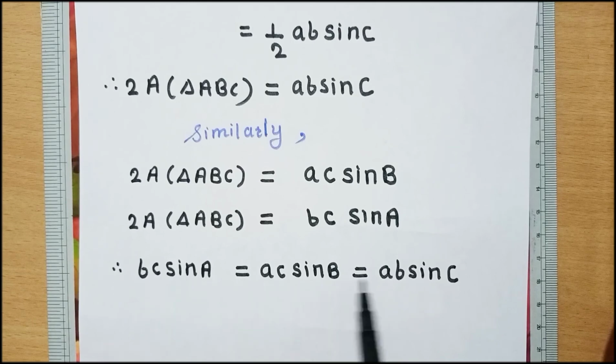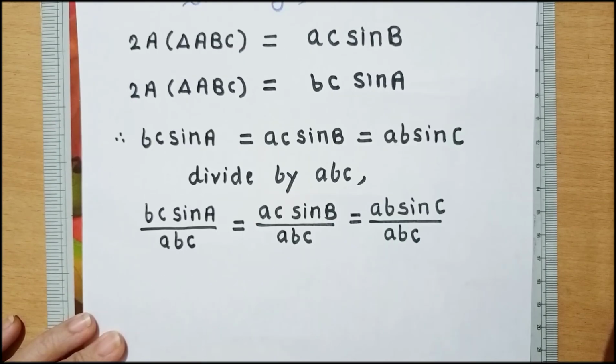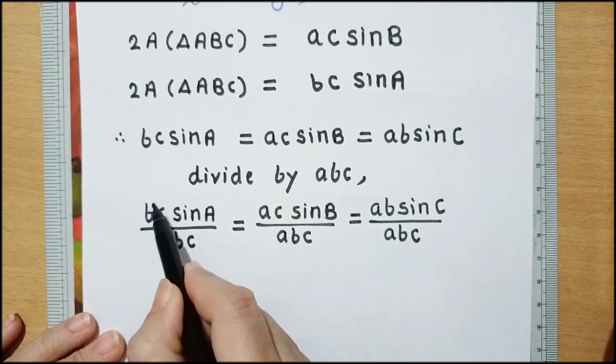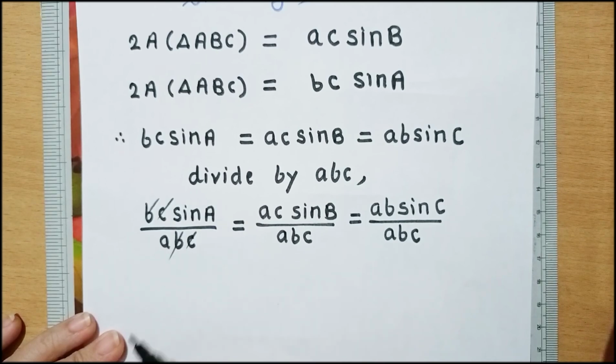And now we have this equality, and dividing this equality by abc we have, and therefore b and c get cancelled.